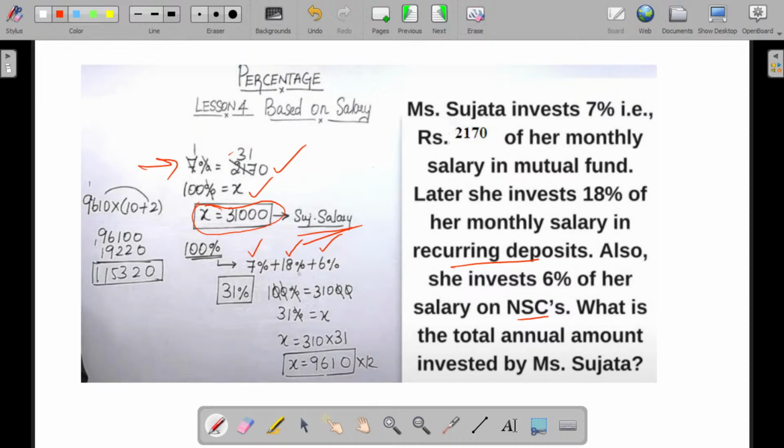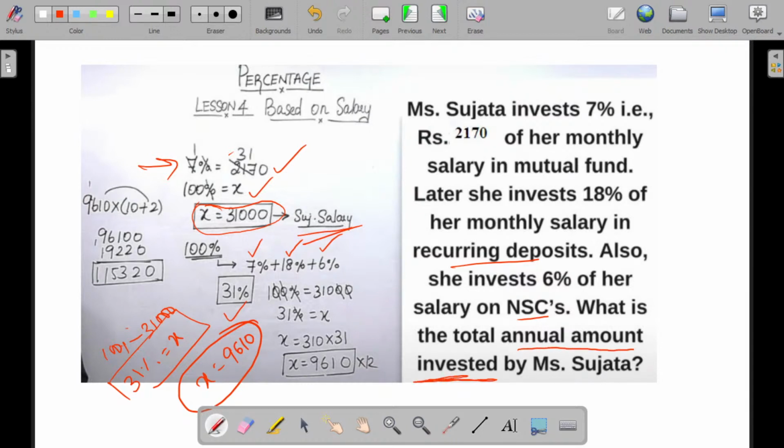So total how much? 7 plus 18 plus 6, 31%. Okay. So 100% means we know 31,000, and 31% means X. This is total saving. So here we will get X as 9610. Okay, 9610 X value. What is the total annual amount invested?